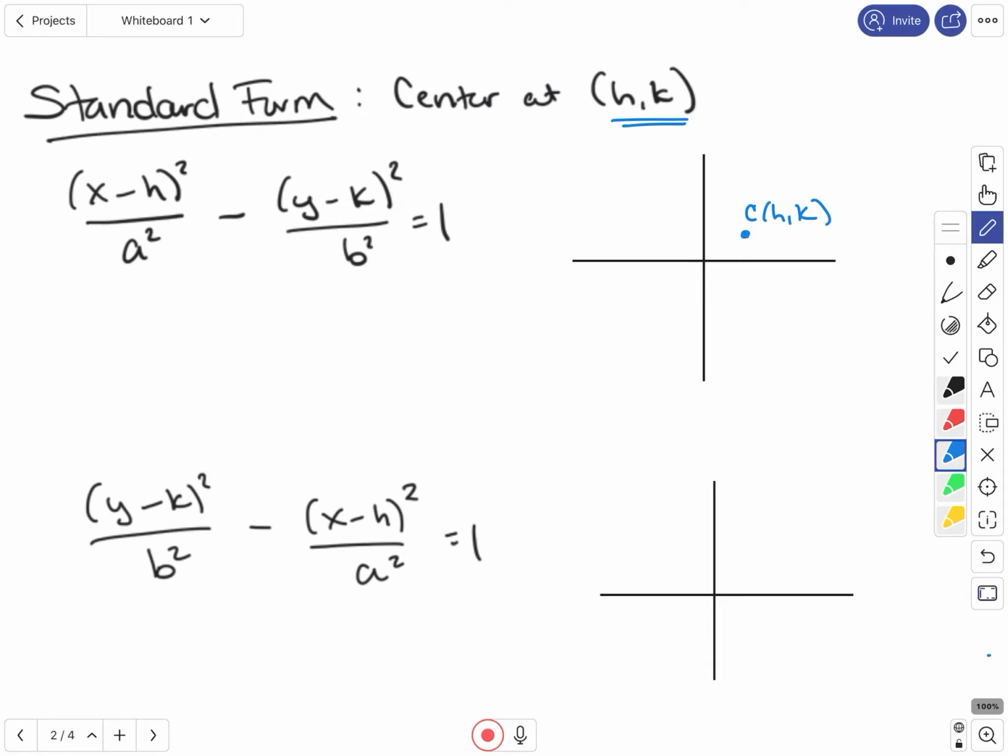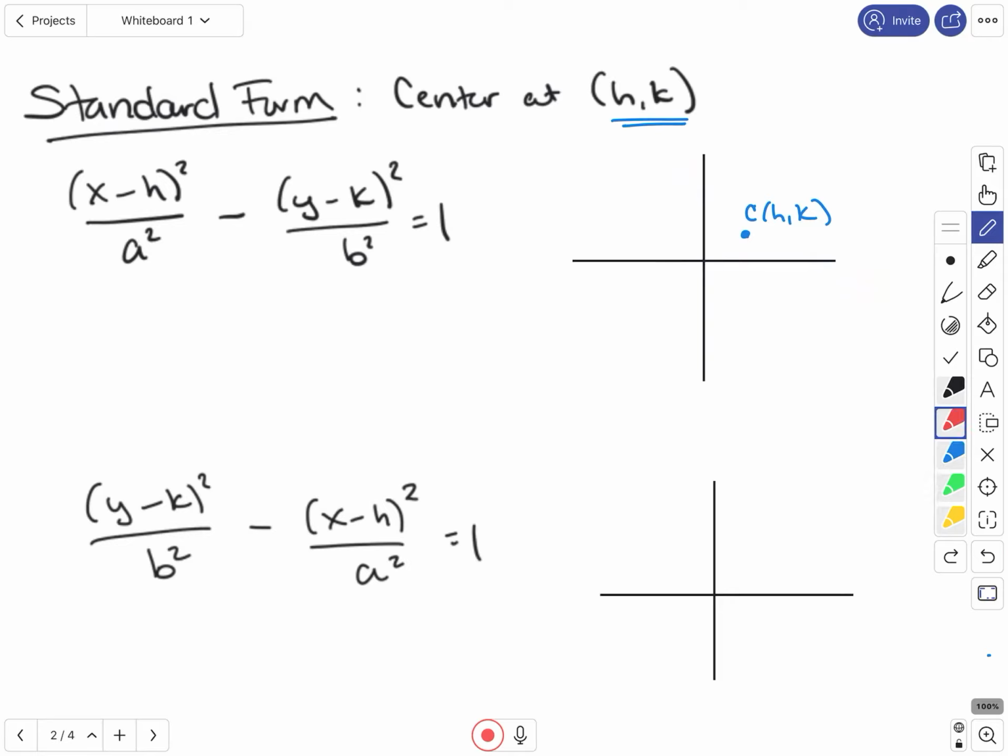My hyperbola will go this way, this way. They'll be opening in the direction of the x-axis. And here's what the a and the b mean, how we get those great asymptotes. So I'm going to undo the curves that I just did and go a squared.